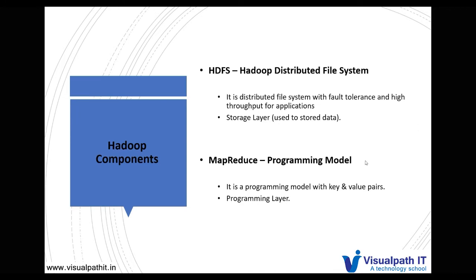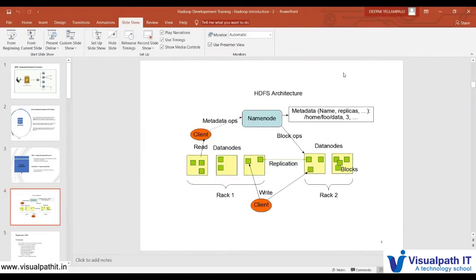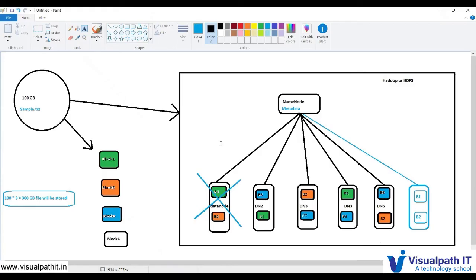Okay, then let us go to the components one by one, components of storage layer, and also Hadoop 1.x architecture. So this is Hadoop architecture. We have already written it here. So master node, slave nodes, name node, data node. Name node or master node, we'll call this master slave architecture. Hadoop 1.x master slave architecture.